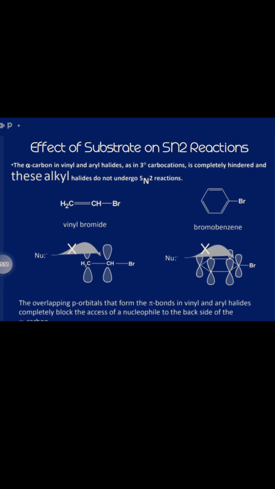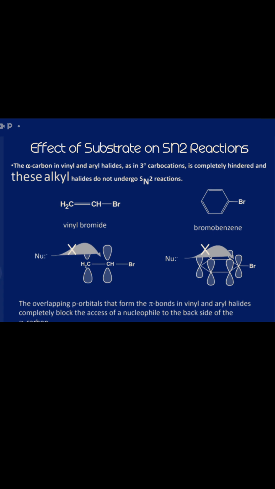We can say that 1-degree carbocations are most reliable for SN2 reactions, and then in a trend, 2-degree carbocations are less reliable than 1-degree carbocations, and 3-degree carbocations are the least reliable for SN2 reaction. So this is the effect of substrate on SN2 reaction.